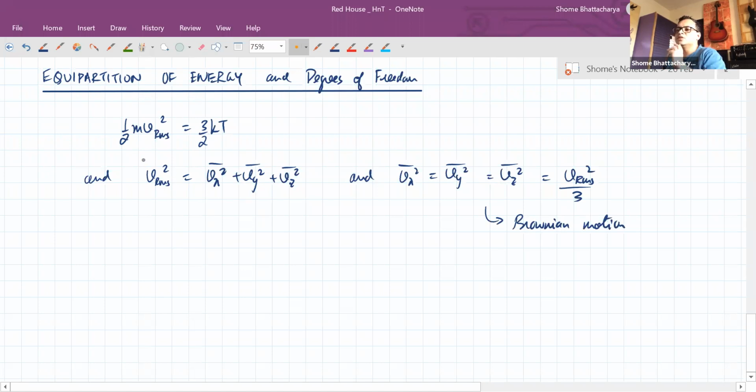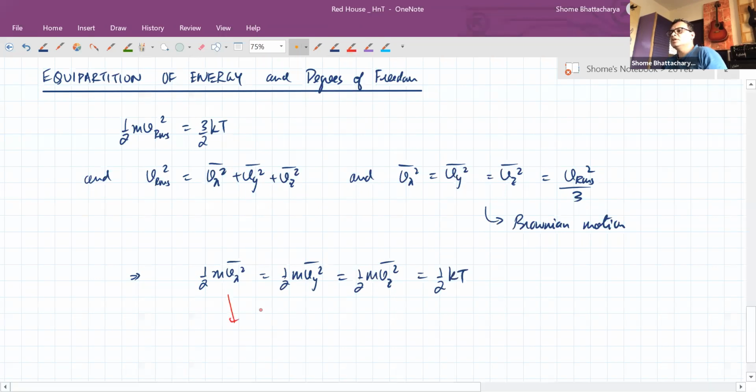Whereas this here, as you can see, is the definition of RMS velocity. So from these two together, you can see that half m Vx squared average is equal to half m Vy squared average is equal to half m Vz squared average, which is 1 by 2 kT. So each of these quantities is called the average translational kinetic energy per degree of freedom.